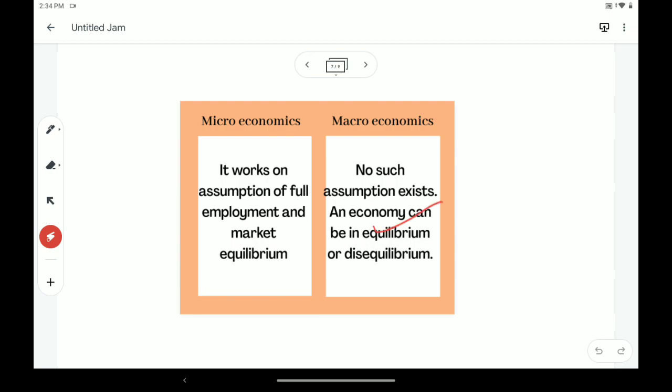An economy can be in equilibrium or in disequilibrium. Here market equilibrium means when the aggregate demand and aggregate supply are equal in the economy. This may happen or may not happen in reality. So microeconomics is basically a simpler version because we take a single unit, but in macroeconomics much more complex models are involved.